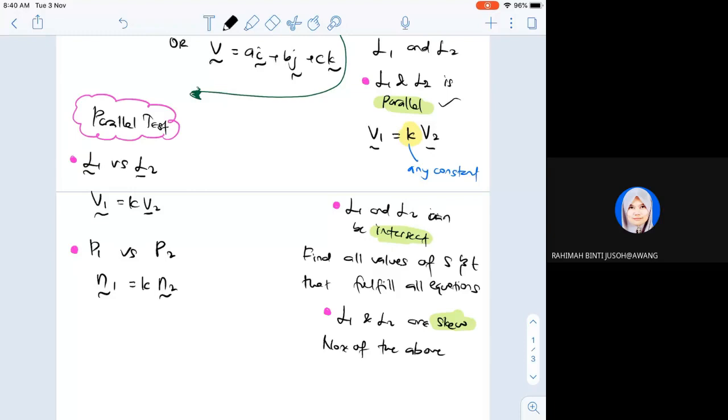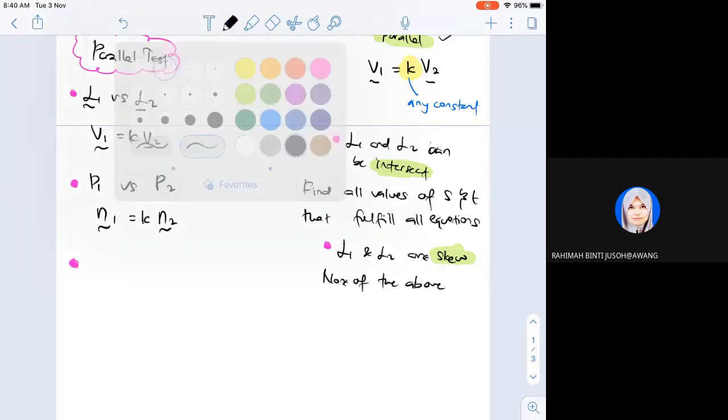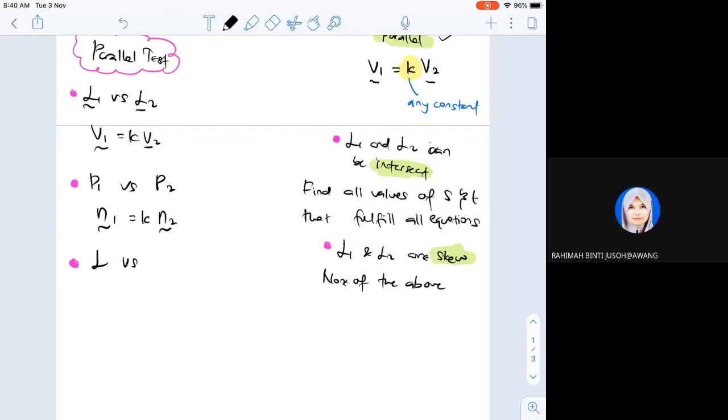Now the third condition, how do we test whether a line versus a plane are parallel? The formula is V dot N, the parallel vector dot product with the normal vector, equals 0. So altogether we have three formulas. This is line versus line, this is plane versus plane, and this is line versus plane.